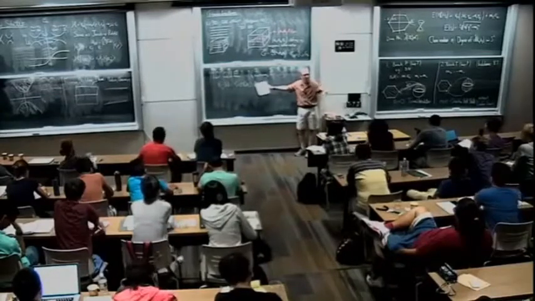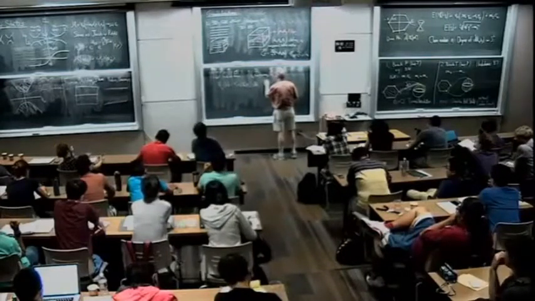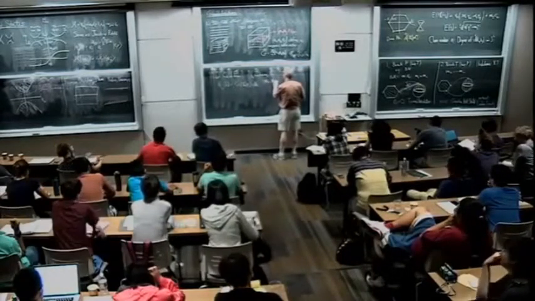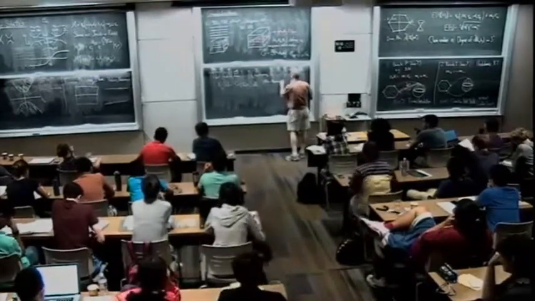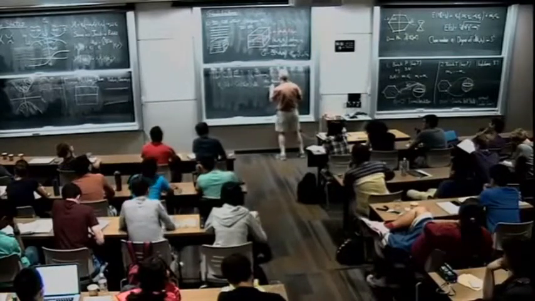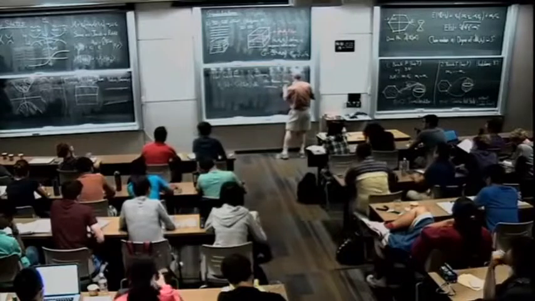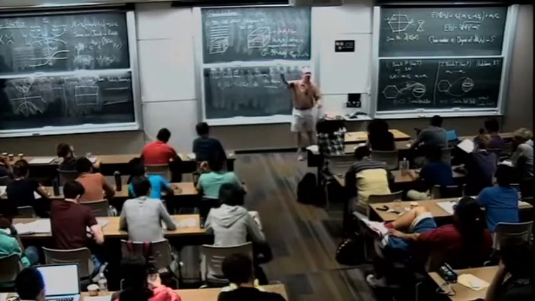If I have more than one band, then I can define a non-abelian Berry connection, a one-form. Okay, so this is something that you integrate along a line.